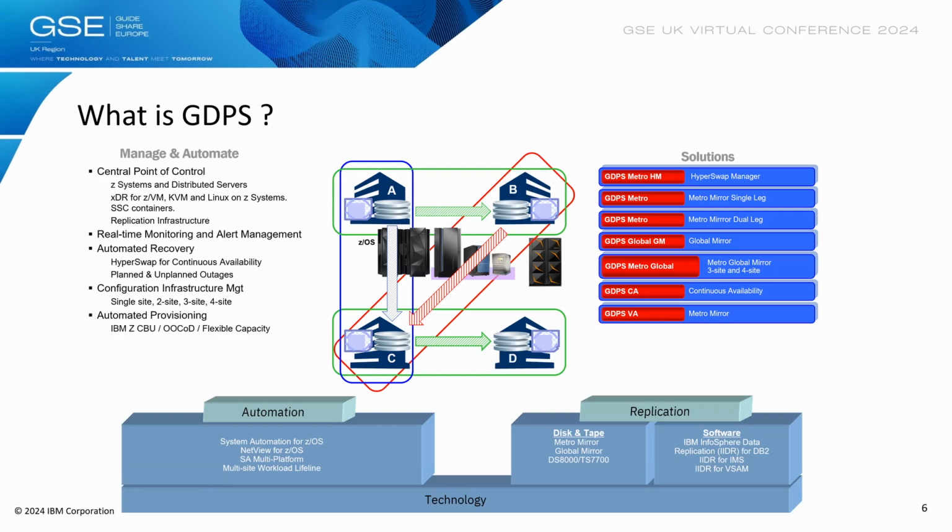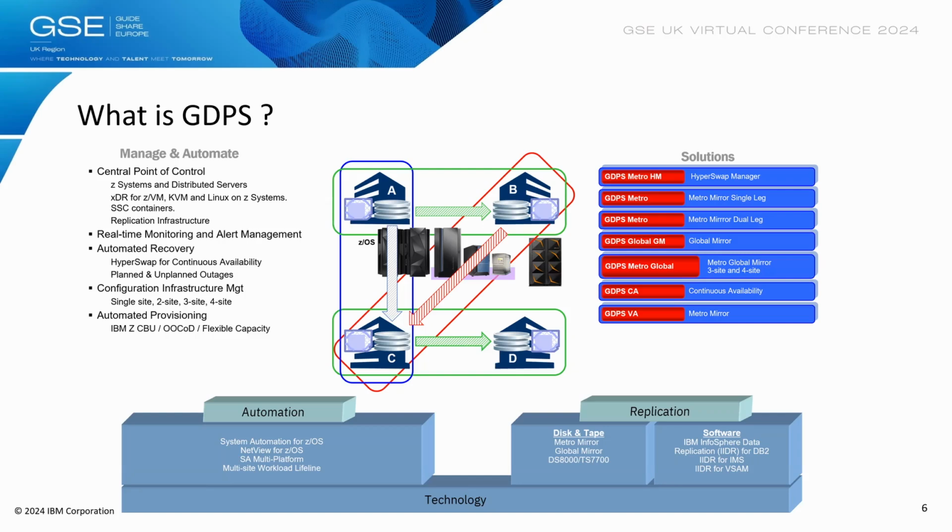Finally, the GDPS Virtual Appliance is a built-in GDPS Metro solution that is prepackaged and intended for non-z/OS customers. Historically, and as I said earlier, GDPS Metro is designed to manage z/OS systems, and the GDPS controlling systems that go along with the solution to manage the environment are themselves z/OS systems.